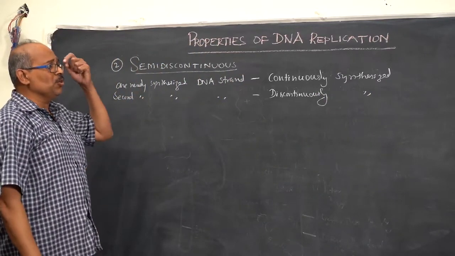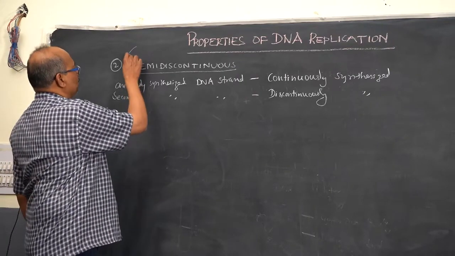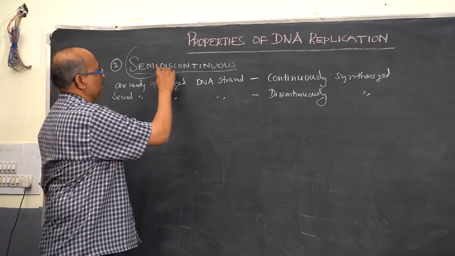Since half is continuously synthesized and half is discontinuously synthesized, we call the process as semi-discontinuous.